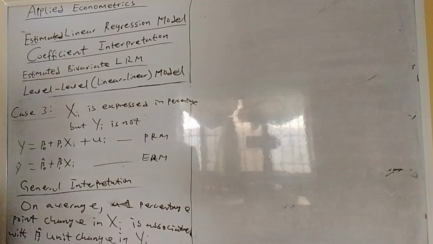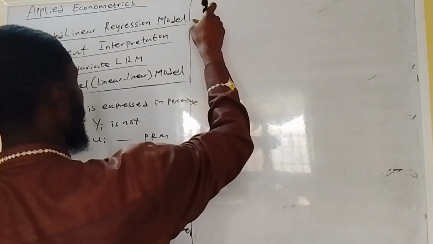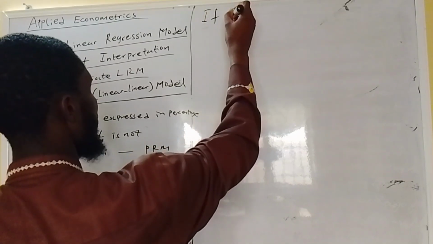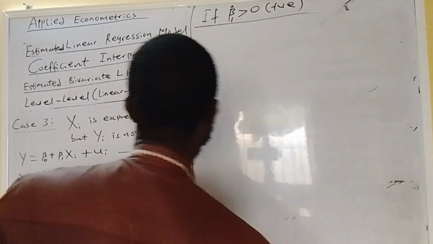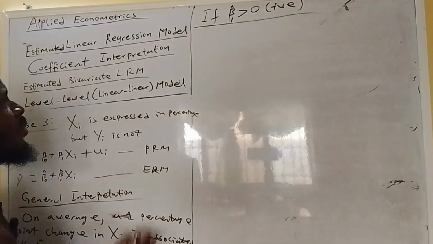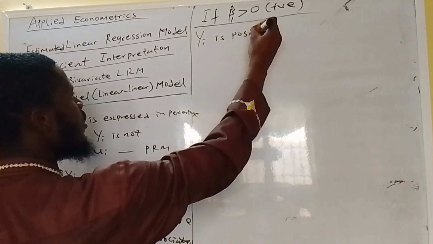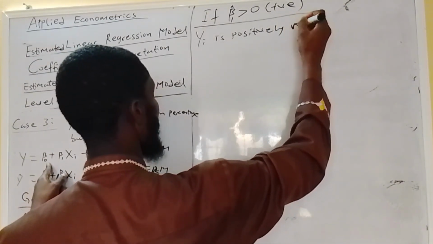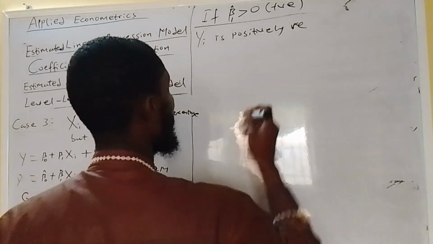So let's look at the direction of the interpretation. Assuming our beta 1 hat is greater than 0, that is, if it is positive, how do we interpret? So the interpretation is going to be that y is positively related to x. When we are interpreting, the focus will be on the population regression.